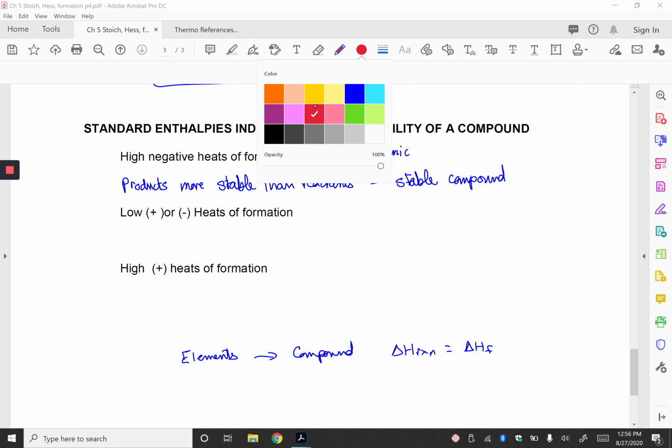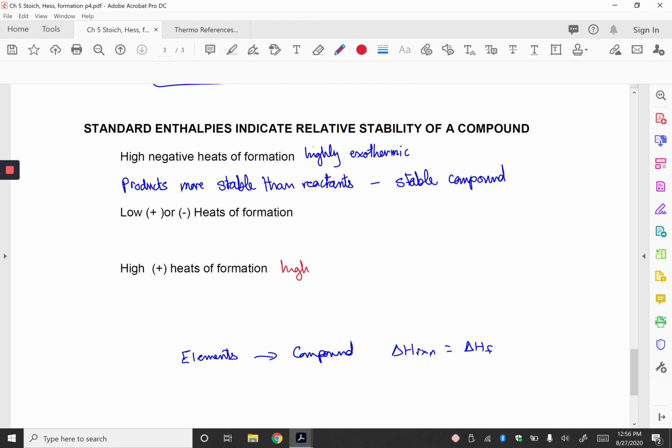I'll do this one. So this means that it's highly endothermic. So as I go from the elements to the compound, my system had to absorb lots of energy, which means that the compound is much higher in potential energy than my elements.